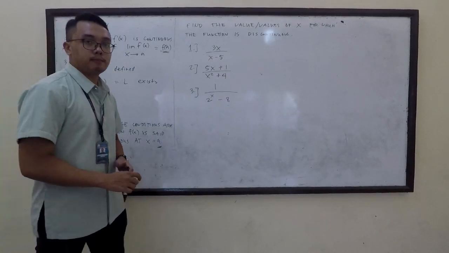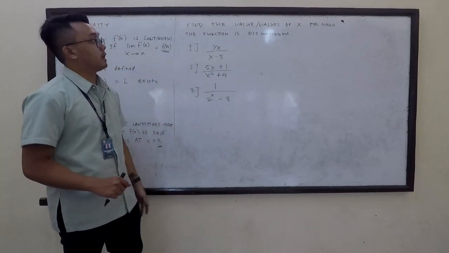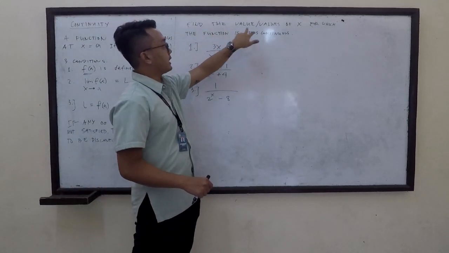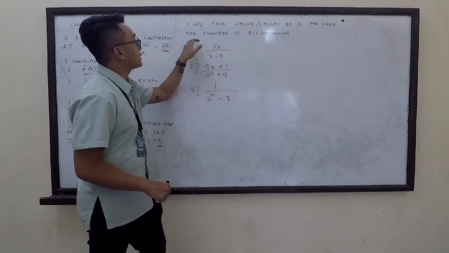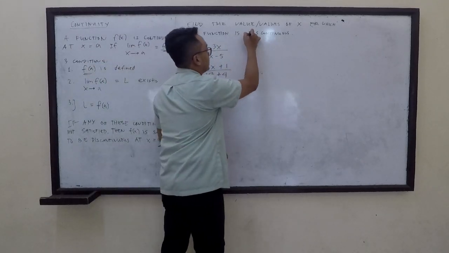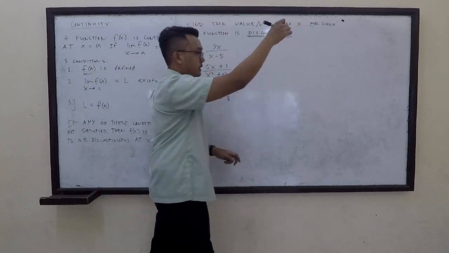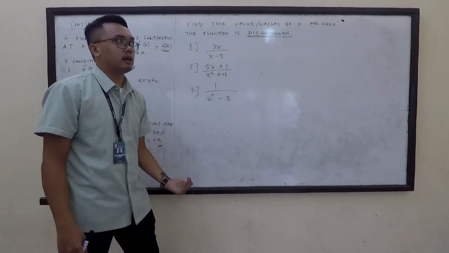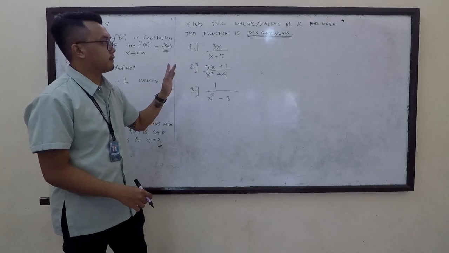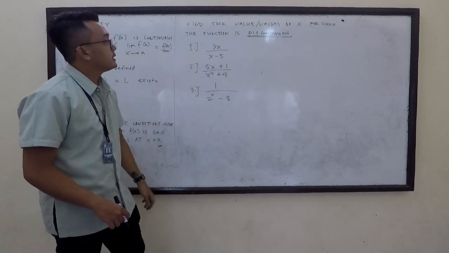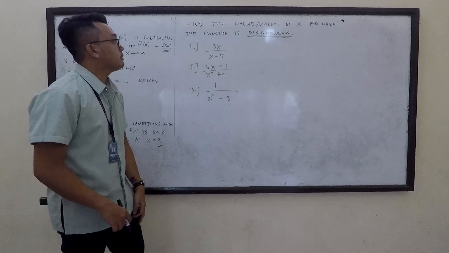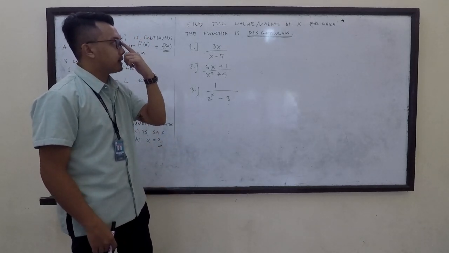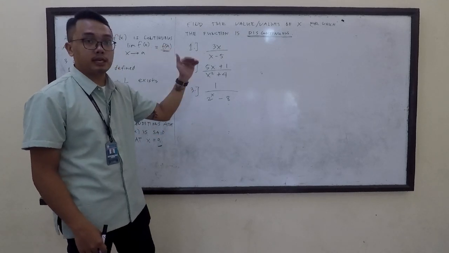Okay, last example for the topic is continuity. So in this example, we're going to find the value or values of x for which the function is discontinuous, meaning undefined ang iyang answer. Okay, so number 1, very simple. Kita lang ito value, di ba? One of the undefined values is what is divided by 0.